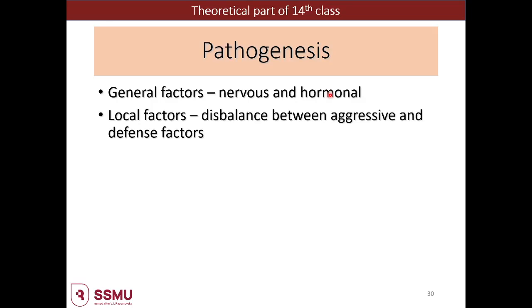It's glucocorticosteroids, and sometimes it is a really difficult complication in case of treatment of some rheumatic diseases, because all of them are treated with corticosteroids, and we may see really difficult damage in the stomach. And also there may be local factors like disbalance between aggressive and defense factors, and we talked about them at the start of our lecture.